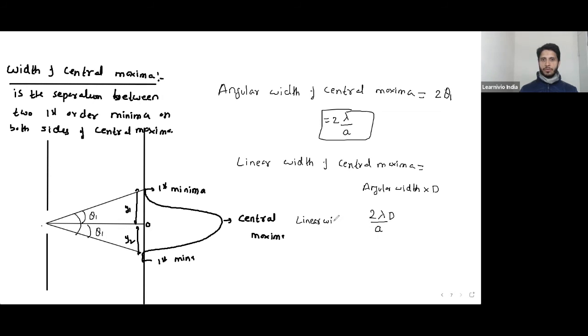So the linear width of the central maxima is 2 lambda D by a. This is how we calculate the angular width and the linear width of the central maxima.